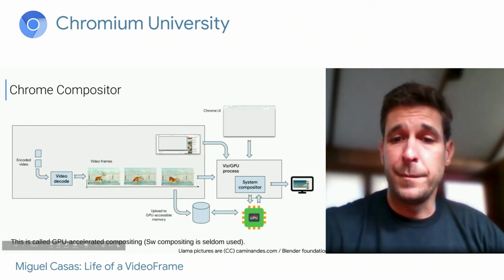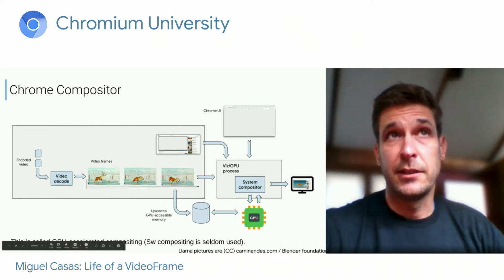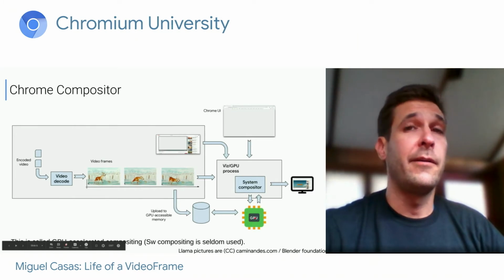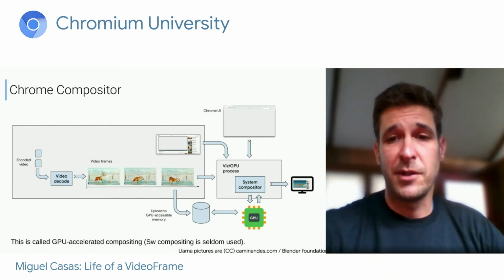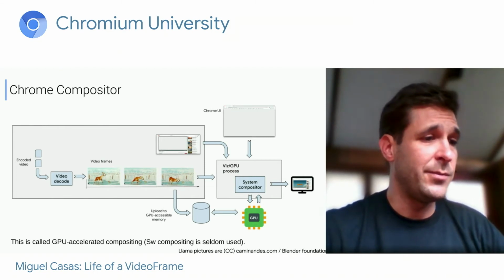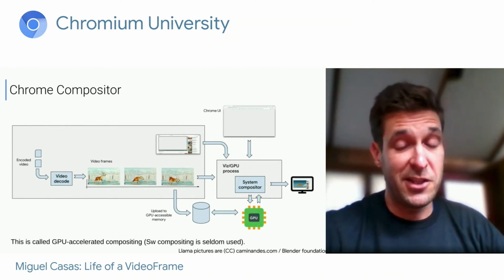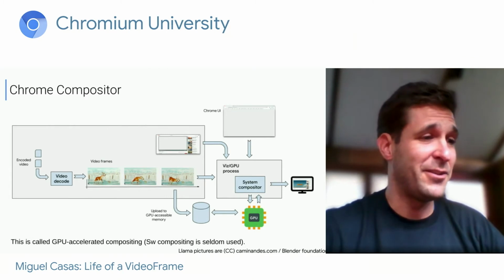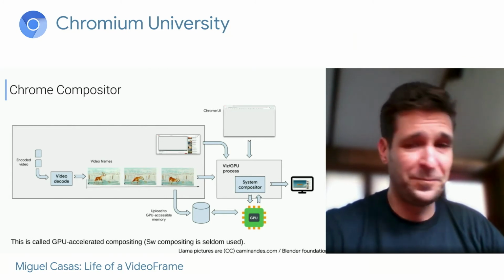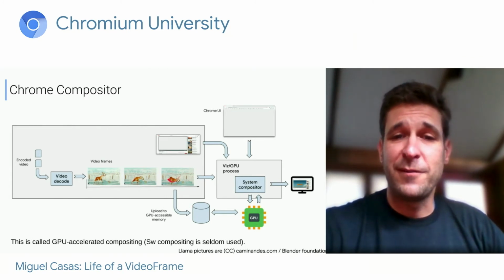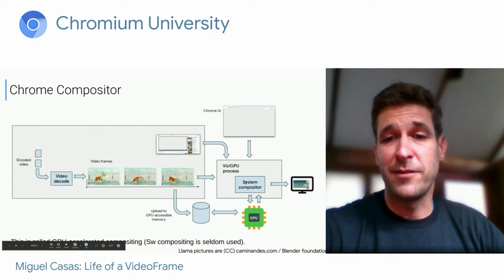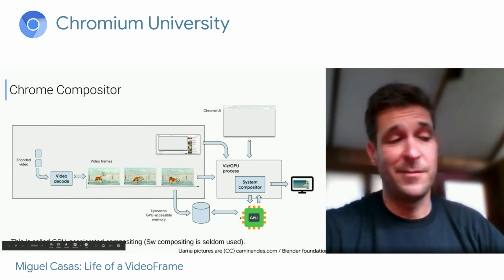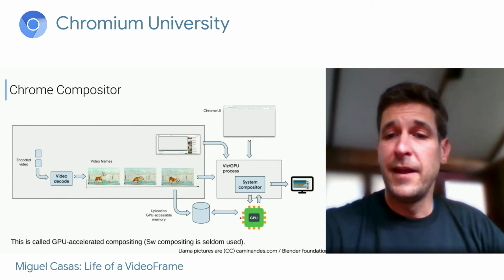These GPU resources sit on the critical performance path of Chrome. They have to be manipulated at maximum speed with no delay at all, and many, many engineering hours go into optimizing their use on all platforms. Video frames in particular are usually uploaded ahead of time to this GPU accessible memory so that whenever the system compositor needs to access them, they are ready to go.